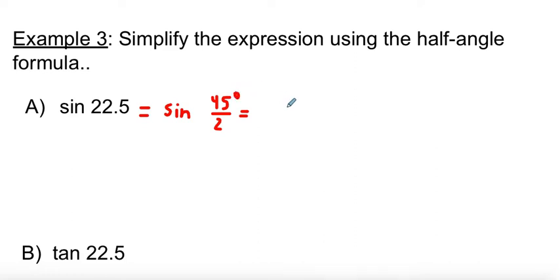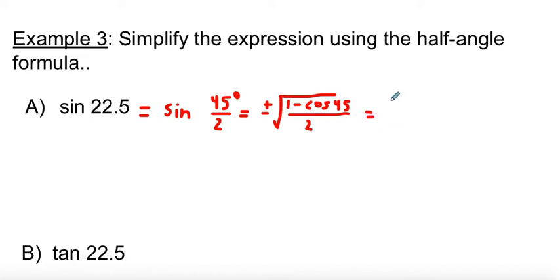So following it through, it would be plus or minus the square root of one minus the cosine, not x, but a 45, and then divided by 2.